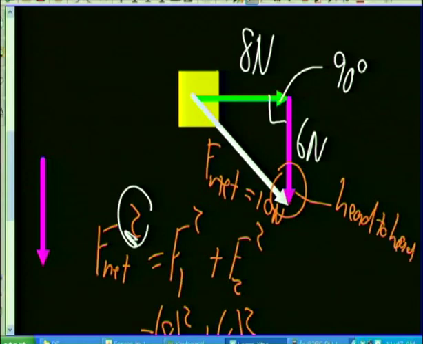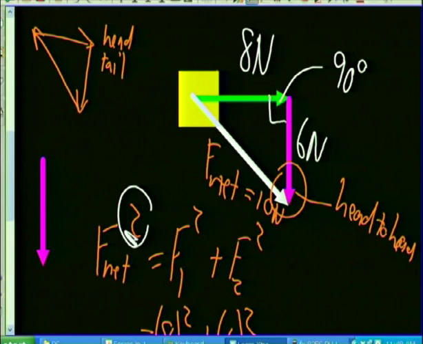If you see all the vectors are like that, head to tail, all head to tail, and it's a closed triangle, then the resultant is equal to 0 newtons. So here we've got a resultant, here the resultant is 0 newtons. Be very careful about that.